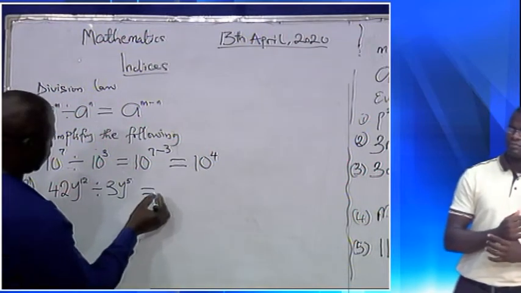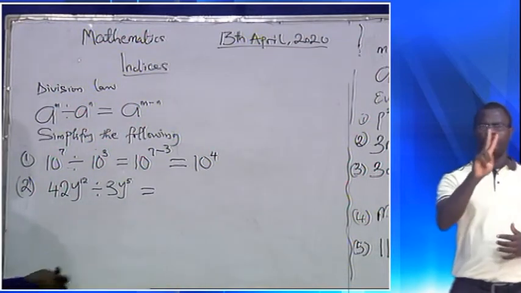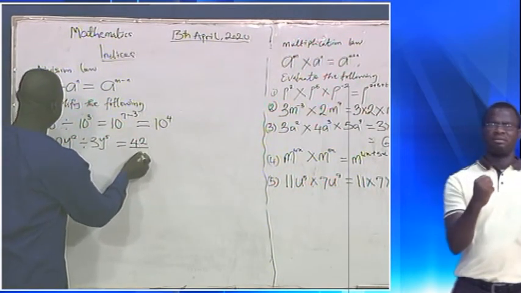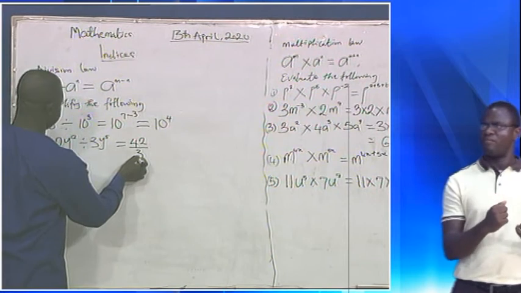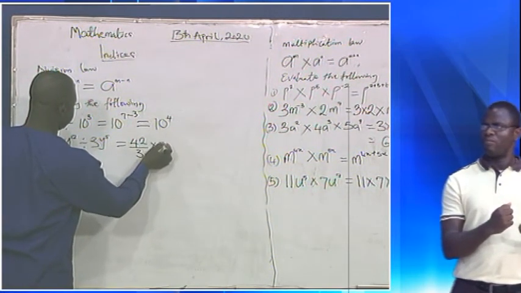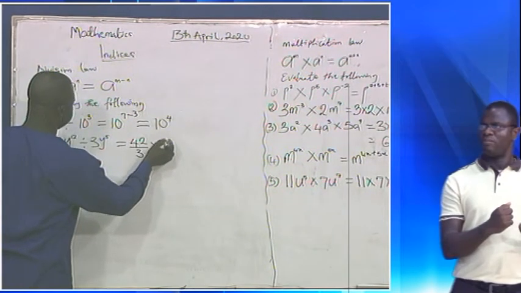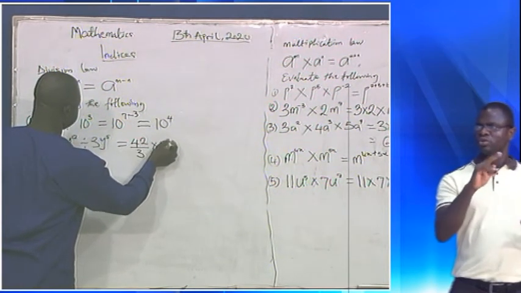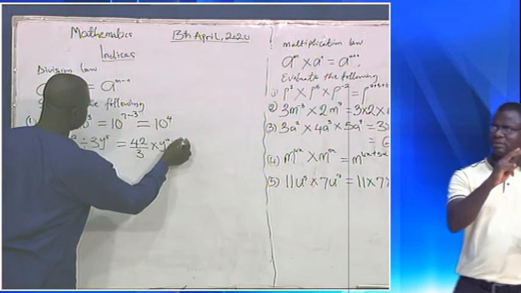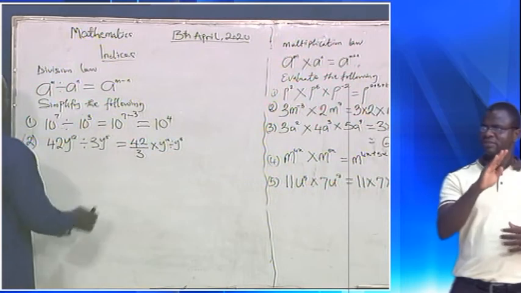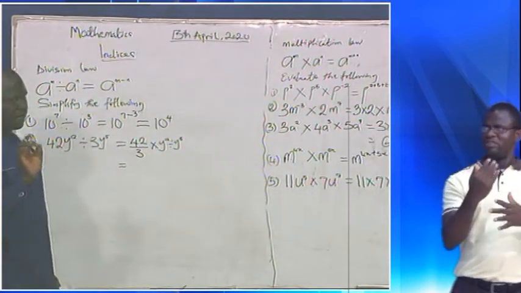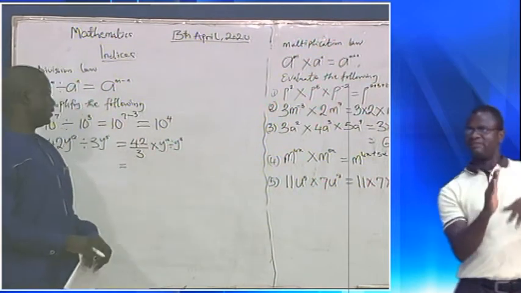Here, we'll first of all divide the coefficient, which will now give us 42 all over 3. Then, we'll multiply it by y raised to power 12 divided by y raised to power of 5.